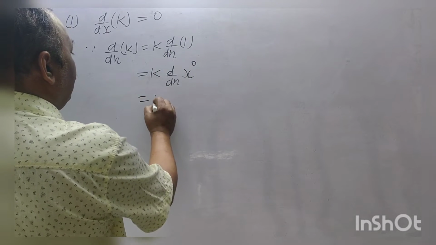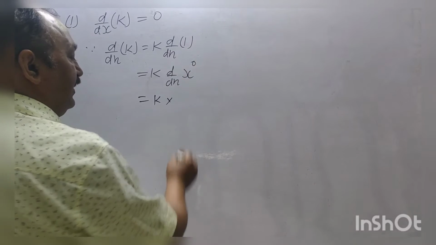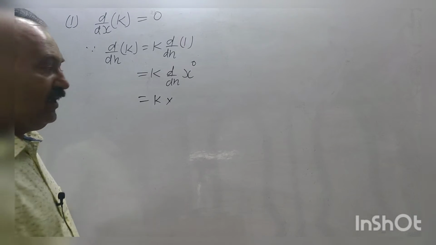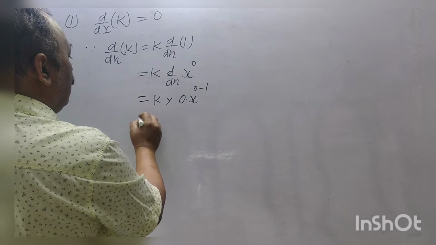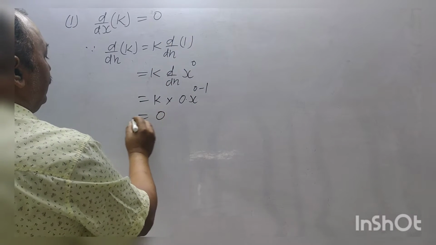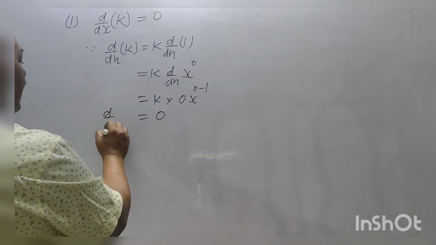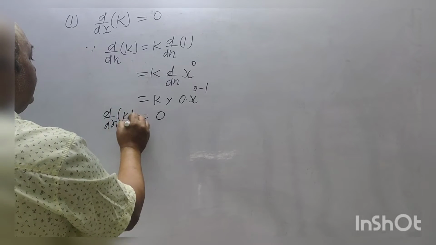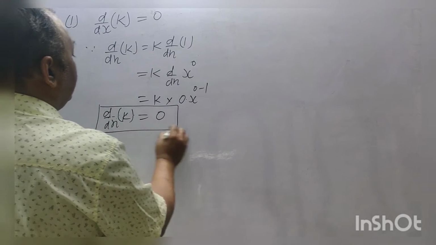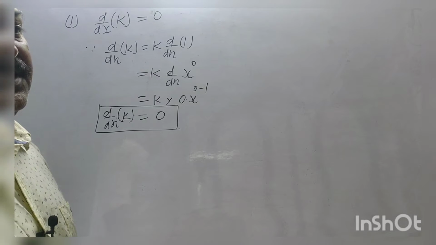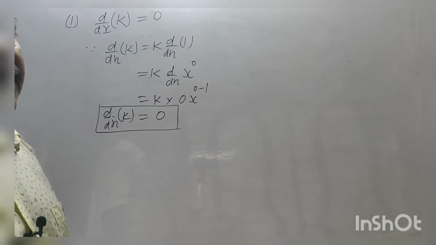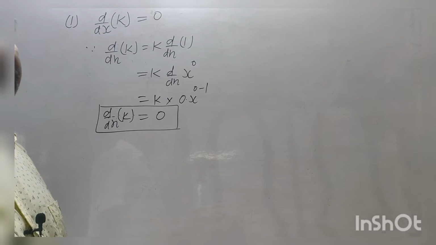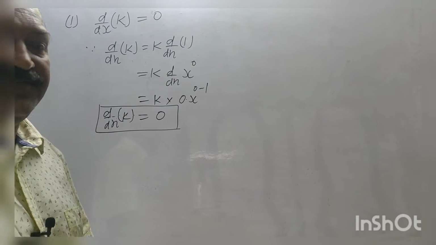And applying the formula x की n, derivative of x की power n, that is 0 into x की power 0 minus 1, and whole this becomes 0. So hence derivative of any constant k is always 0. This is the formula which you have to claim now, which you can apply in the questions, in the applications of the derivatives.